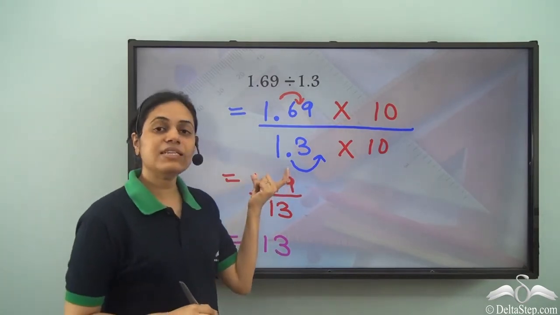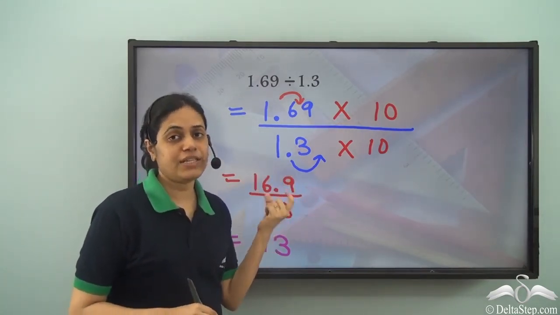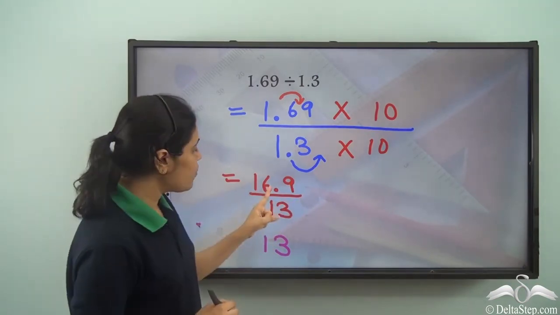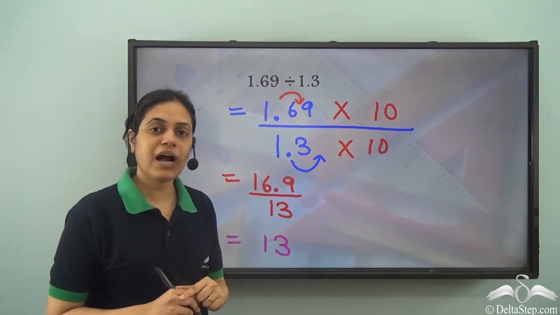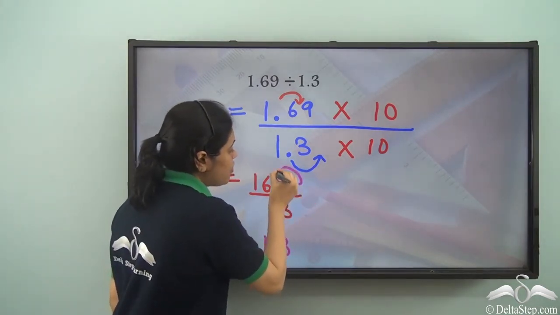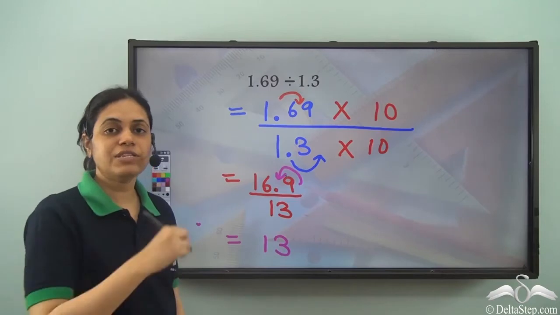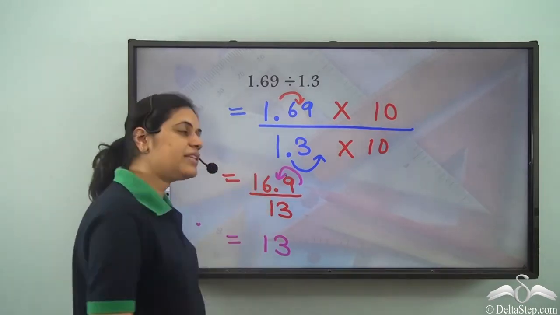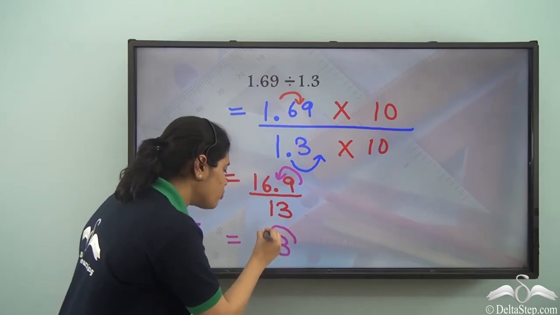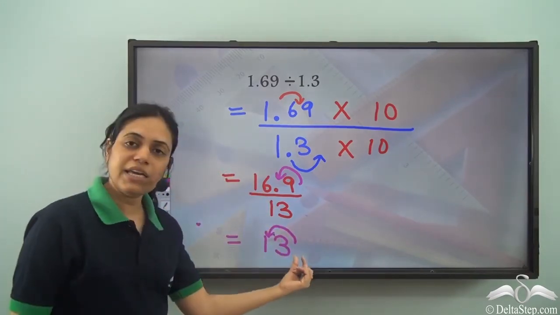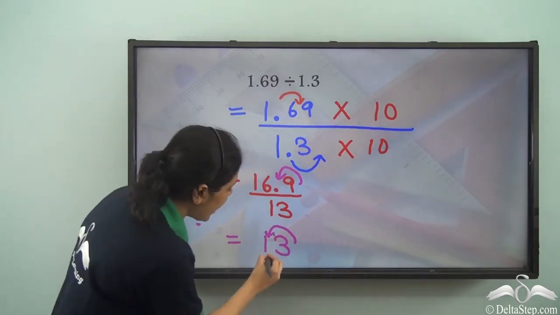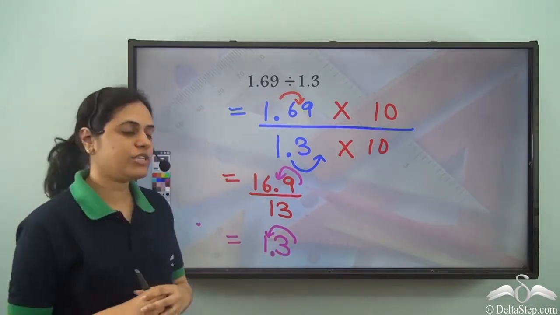So when there is a decimal point in the dividend, that is the number being divided, I need to see where the decimal point comes from. That is, I have to move 1 place to the left starting from the right to get the decimal point. And I'll do the same thing for the quotient. So starting from the right, I move 1 place to the left and I put the decimal point here.